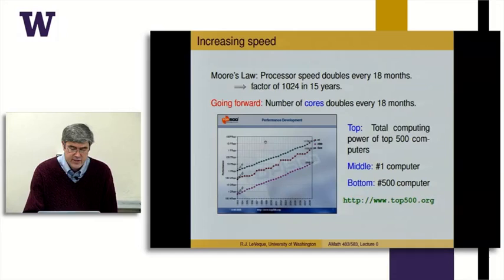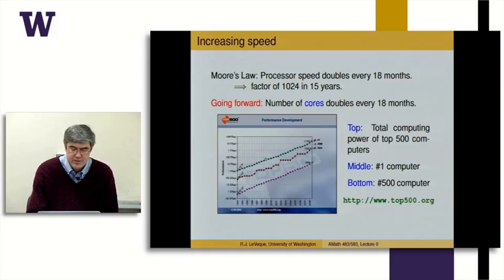So this graph here is showing 3 curves. This is from a website called top500.org that gives a list, updated every 6 months, of the top 500 fastest computers in the world according to one benchmark problem anyway. And the top line here is the total computing power of all 500 of these machines.